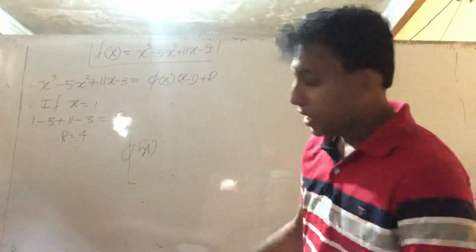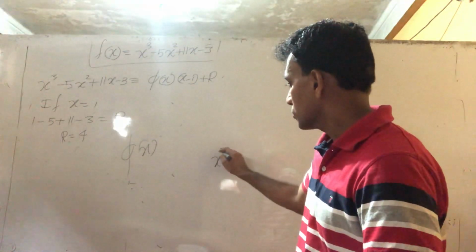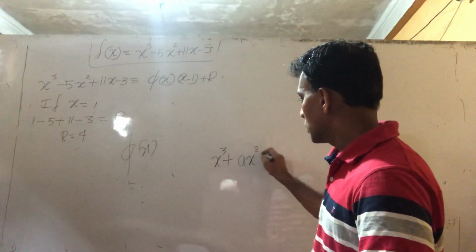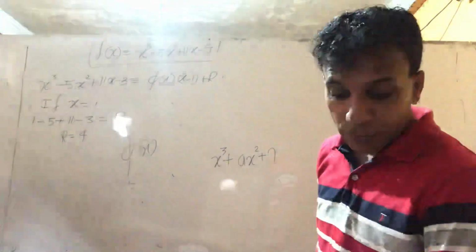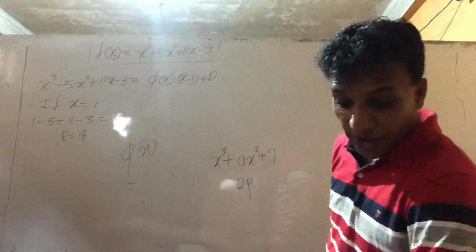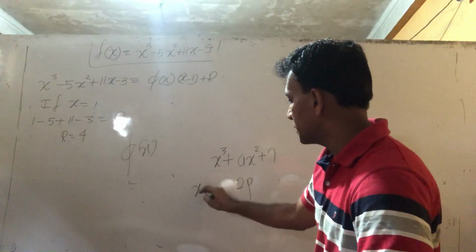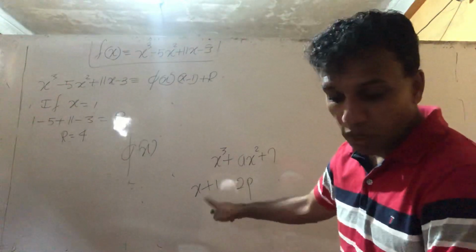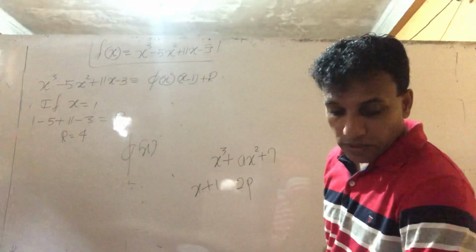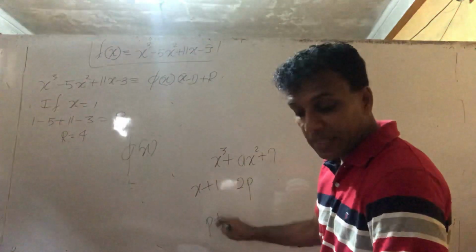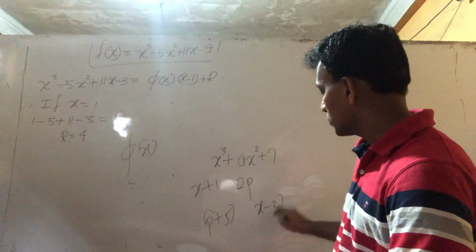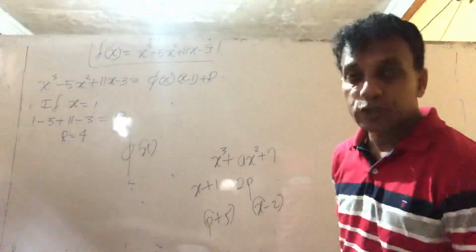Question number 8: x cubed plus ax square plus 7 leaves a remainder of 2p when divided by x plus 1, and leaves a remainder p plus 5 when divided by x minus 2. Calculate the values of a and p.